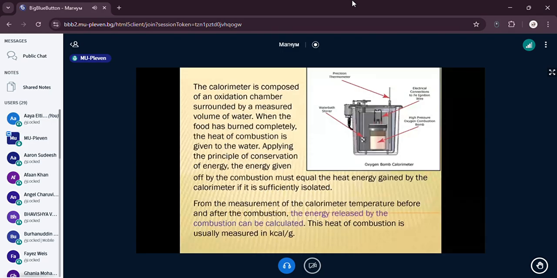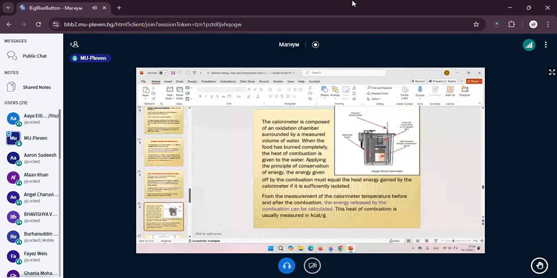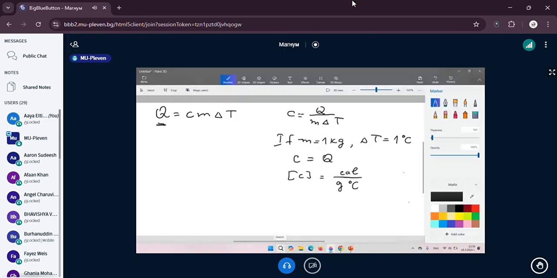Yes, using what equation? The one which we have just written to define specific heat, this equation.